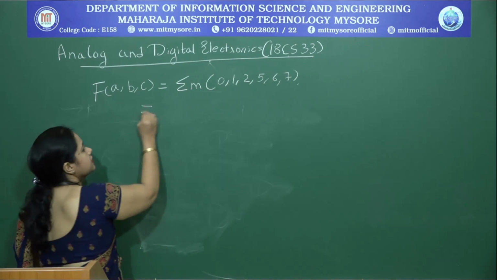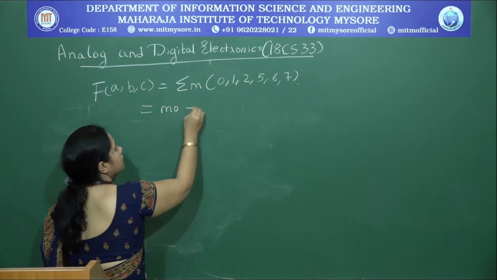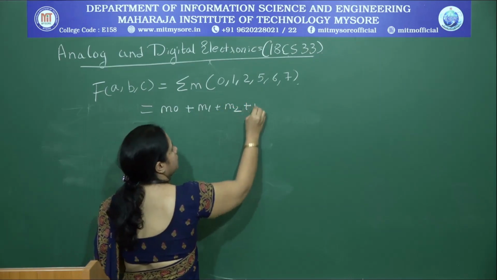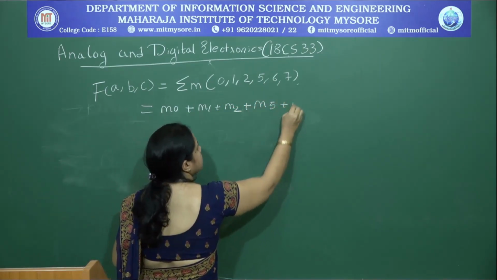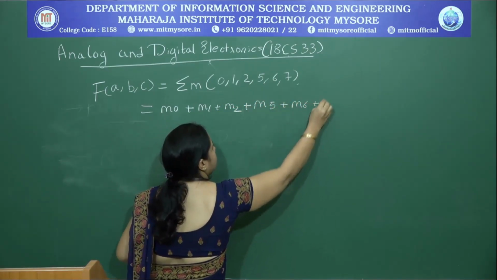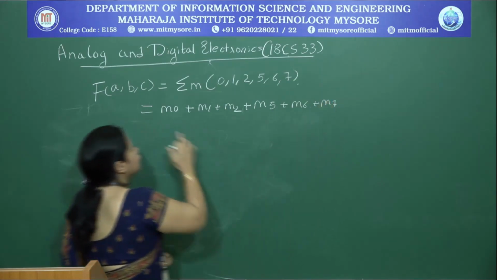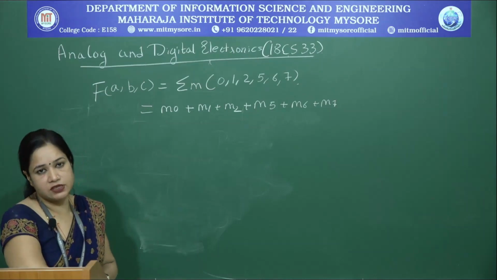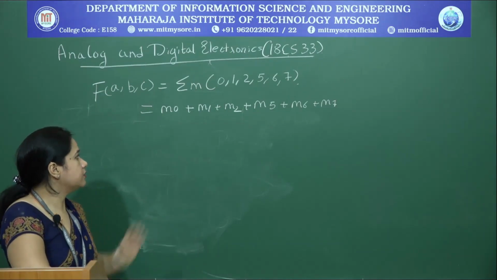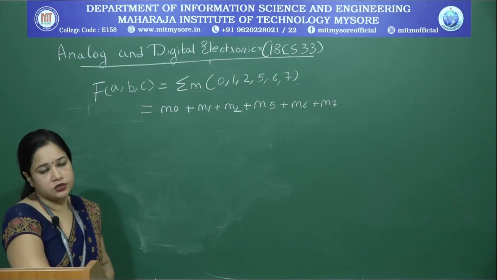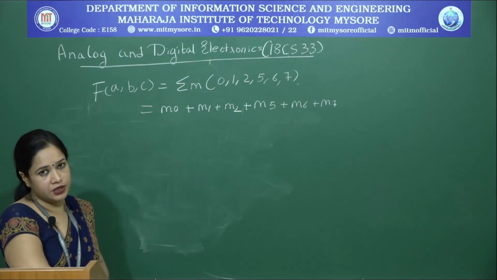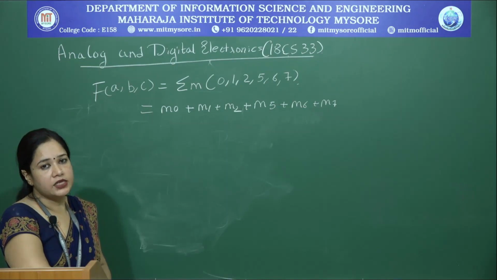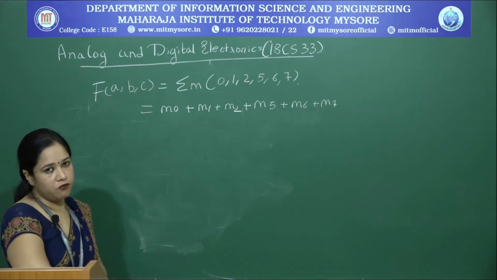If I just expand this, this is going to be M0 plus M1 plus M2 plus M5 plus M6 plus M7, where M0, M1, M2, M5, M6, M7 are the product terms which are summed together. So this is the sum of product representation. An expression given in min terms is going to be an expression in sum of product form.